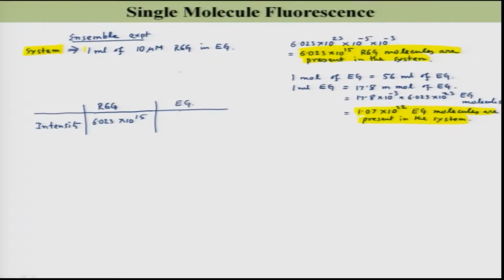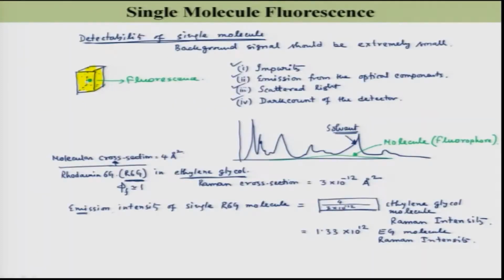So, in this case I have this number, 1.07 into 10 to the power 22 EG molecules are present, and I have seen in my previous calculation that the emission intensity of a single rhodamine 6G molecule means 1.33 into 10 to the power 12 EG molecules, right.